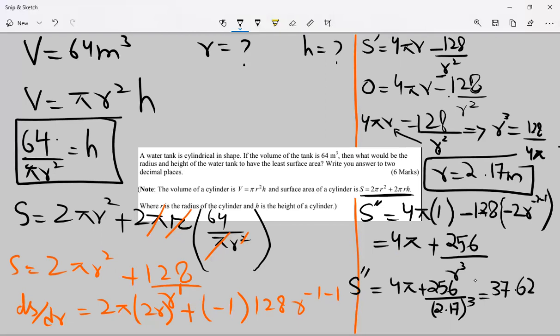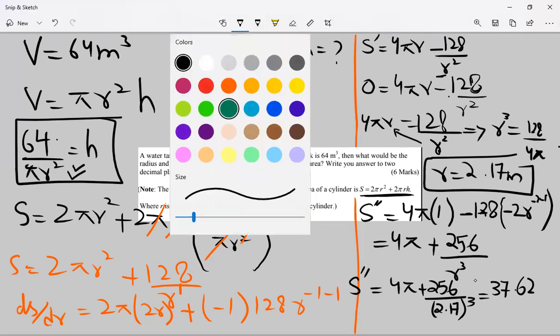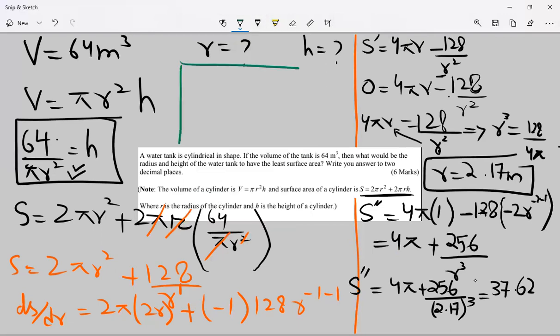Now we need to find out the height. We have already done this one. This is the formula. We need the height as well. Again, I'm reading the question for you. For your clarification, the surface area should have the least possibility.